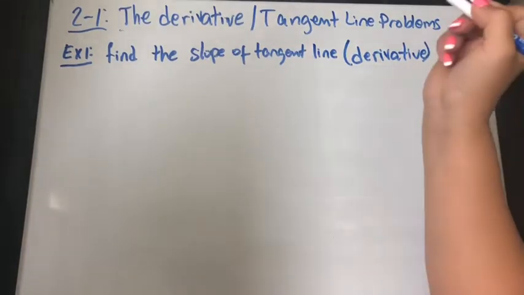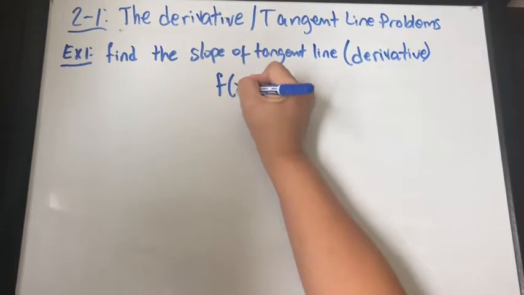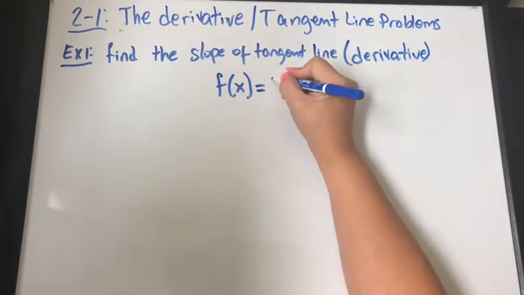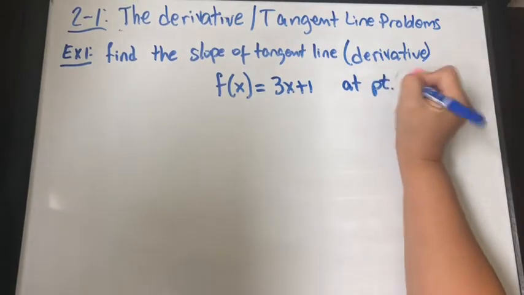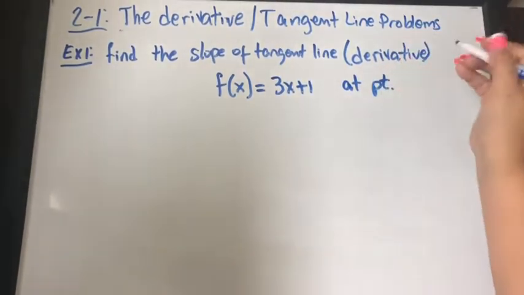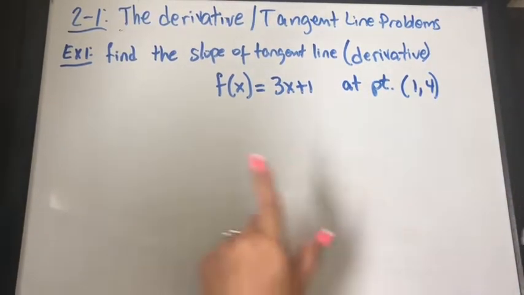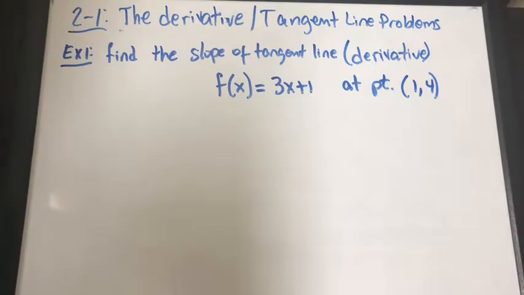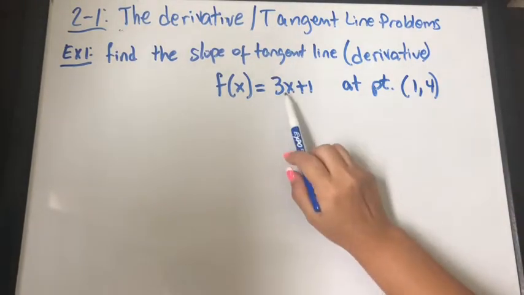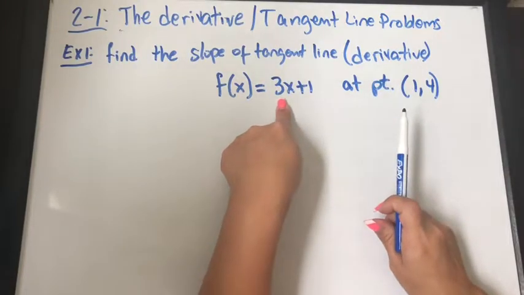Find the derivative of the function f of x equals 3x plus 1 at the point 1, 4. Notice when we find a derivative, we always want a point. Now, without any calculus, say it in your minds. What is the derivative of this? Hopefully everybody's saying, we definitely know that it's 3 no matter where.